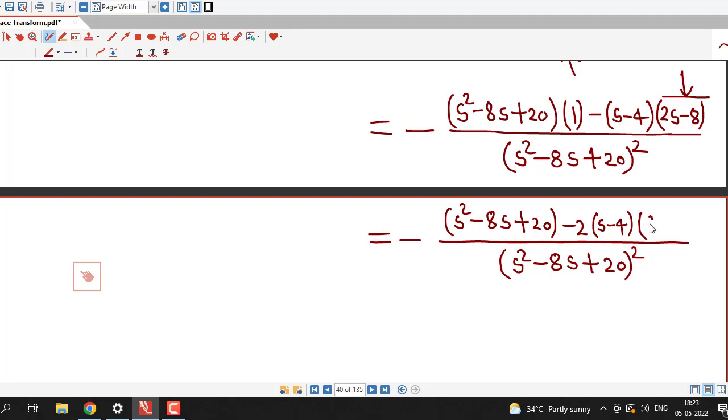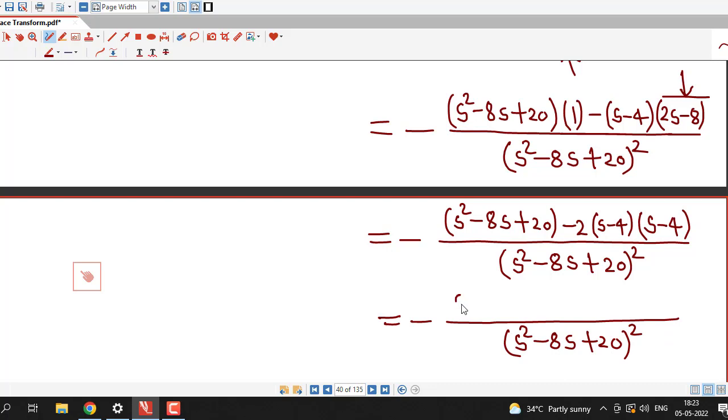So here we write s minus 4, that is the square of s minus 4. So we again rewrite. We first keep this as it is, (s square minus 8s plus 20) whole square, s square minus 8s plus 20 minus 2 times the square of s minus 4, that we can rewrite as s square minus 8s plus 16.